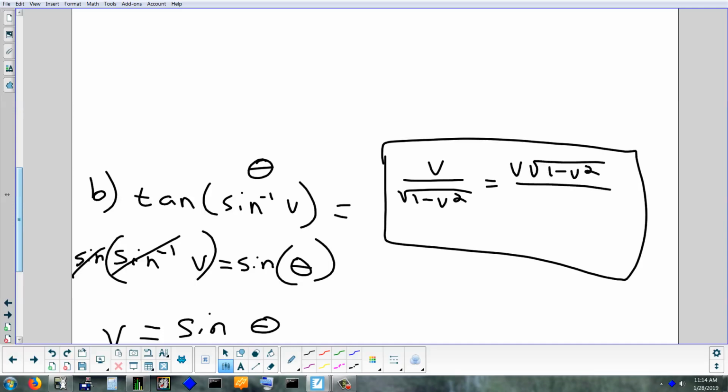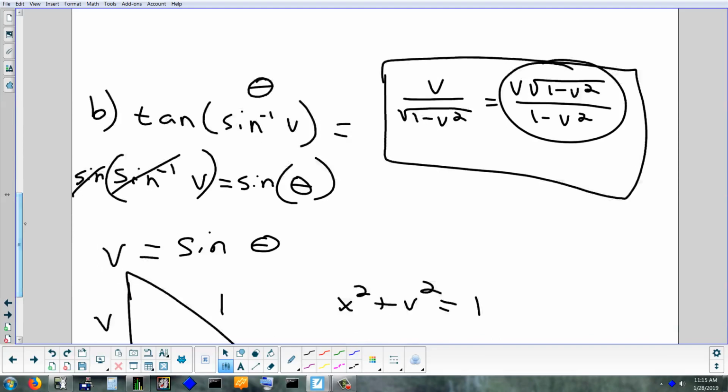That's going to move the root to the top, and it gets rid of it in the bottom. So on a test, that's probably the answer you would see, what I circled. Okay, and I'm not going to graph that one, but if you were to graph it, and you graph what we started with, they would look exactly the same. Okay, any questions on that one?